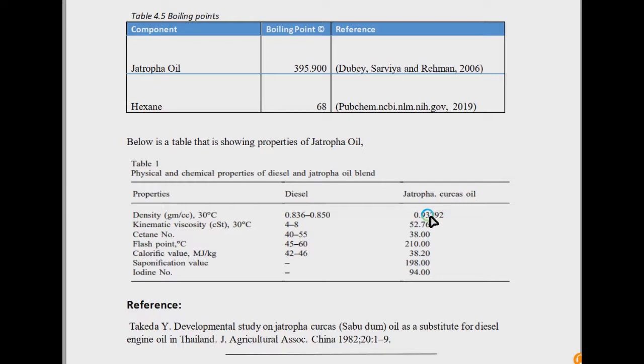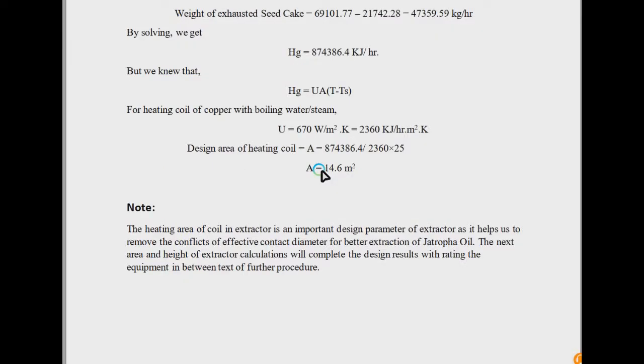But in other cases, there is some mixture inside the vessel, not only the coil. So the design area of the heating coil will be a factor, but not the complete design. You also have to understand what is the volume that is flowing inside the vessel.